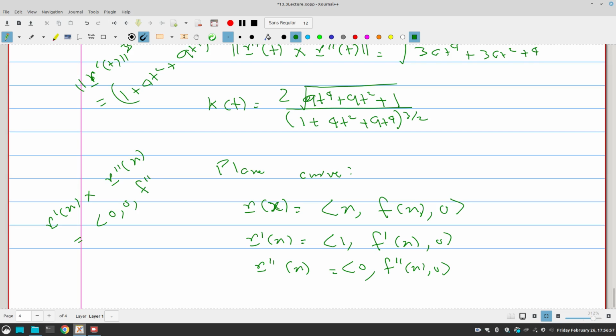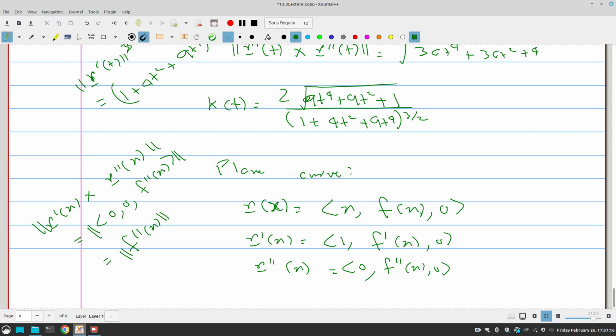This you can check out for yourself. So the magnitude of this equals the modulus of f double prime x.